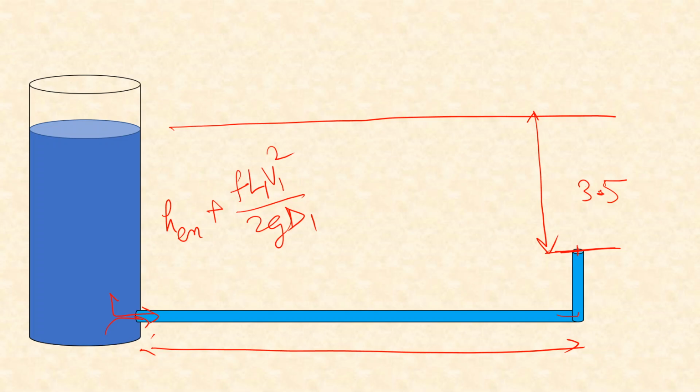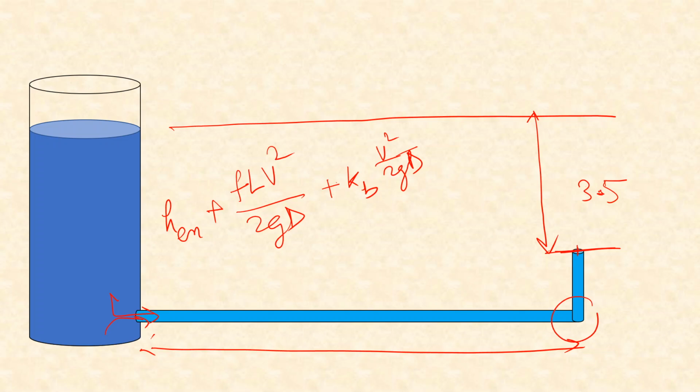Now, since the pipe has bent here, there will be some additional loss due to the bend. For that, again, we have a similar formula, which will be given by K at bend, a coefficient, multiplied by V square by 2g. For simplicity, let's not write this subscript 1 here. That means this diameter and this diameter are the same, therefore the velocity will be the same.